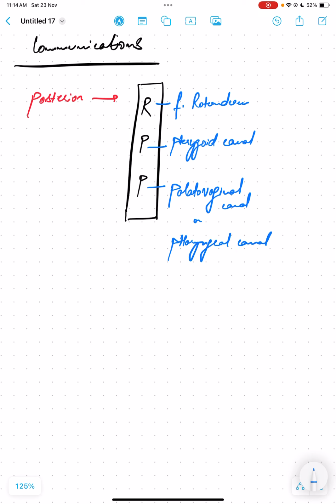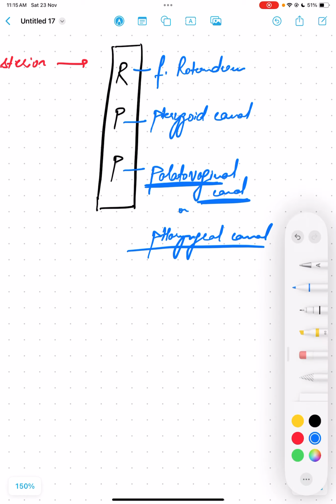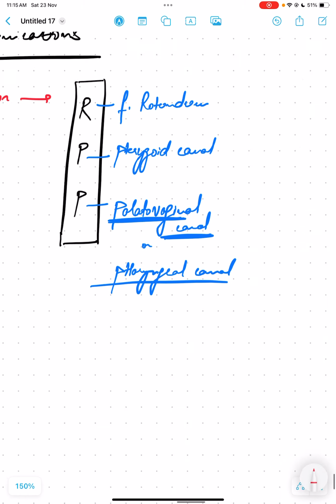What are the posterior communications? It involves RPP, that is the foramen rotundum, pterygoid canal and the palatovaginal canal or the pharyngeal canal. You should remember the palatovaginal canal is another name for the pharyngeal canal. Now we will study where these structures enter.